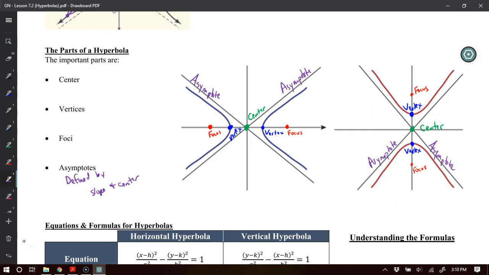Now, when you are graphing a hyperbola, a little advice: make sure that you curve towards the asymptotes. The further away from the vertex you go, the closer that curve becomes to a straight line. It approaches that asymptote. It's not a U shape. It goes towards the asymptotes on both sides.